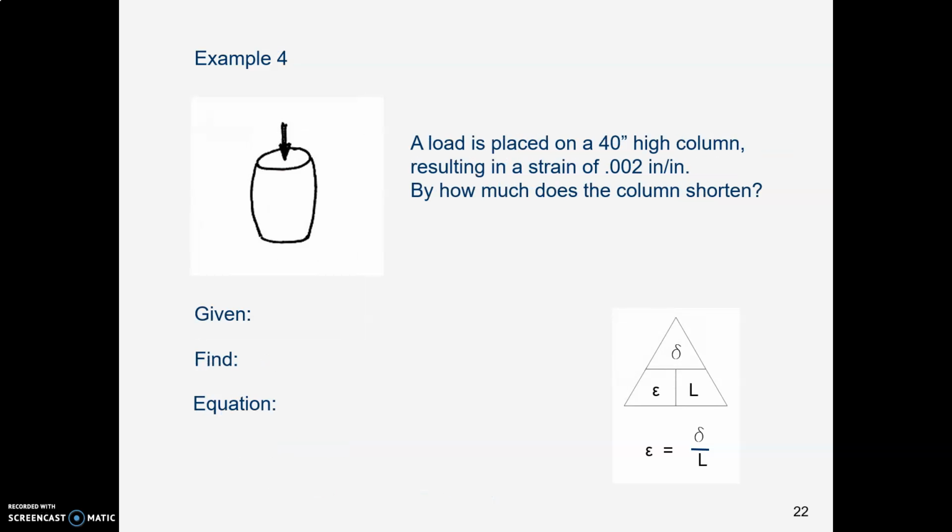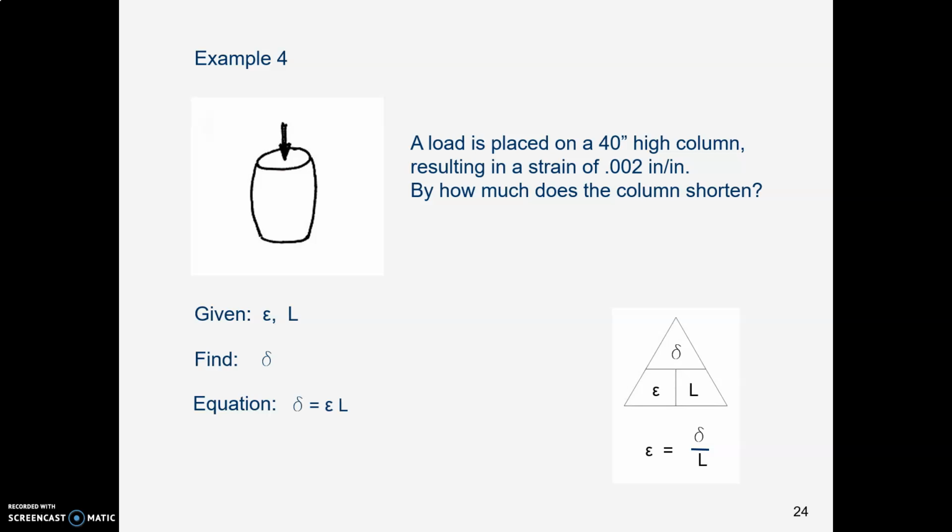All right, we have a column that's 40 inches high. We put a load on it, and we get a strain of 0.002. How much does the column shorten? So we're looking for deformation. We've got strain, 0.002. We've got length, 40 inches.